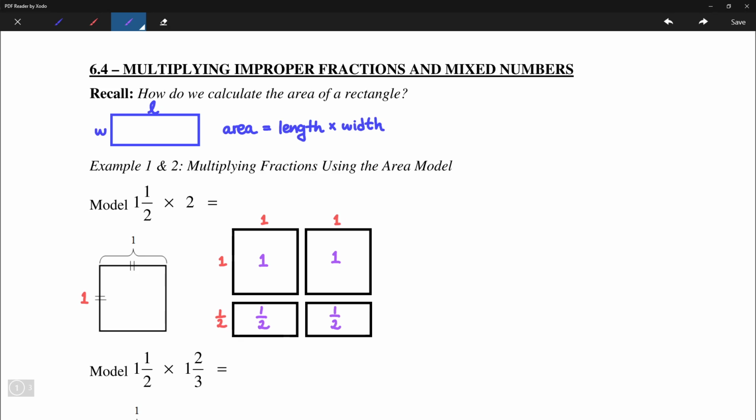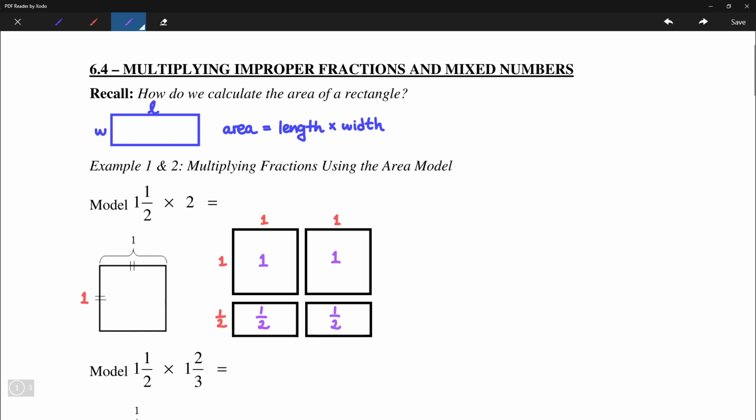And of course, the area of the whole product, so 1.5 multiplied by 2, is equal to the sum of each individual product in the four individual pieces that we have. That's 1, 1, 1/2, and 1/2.